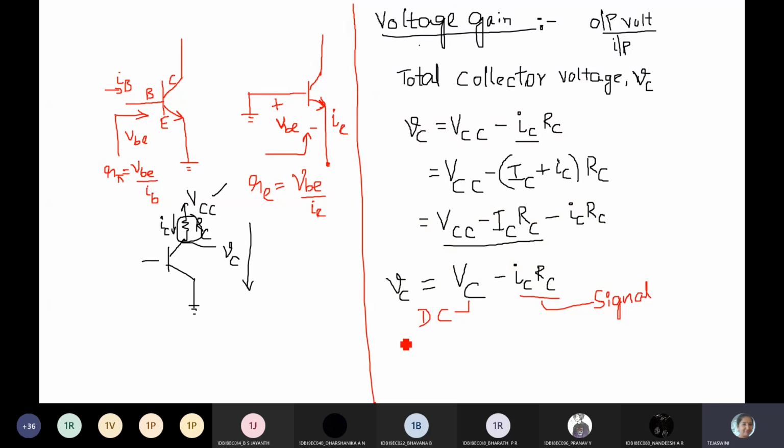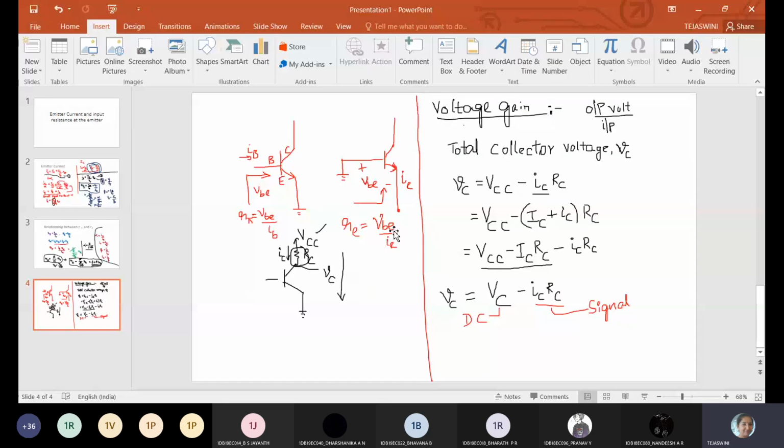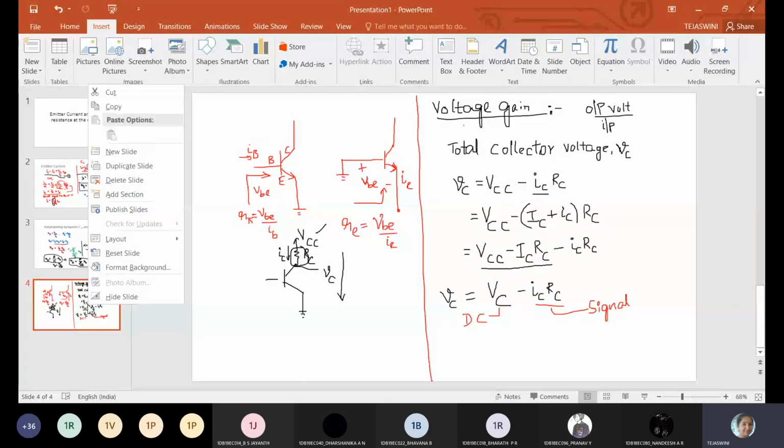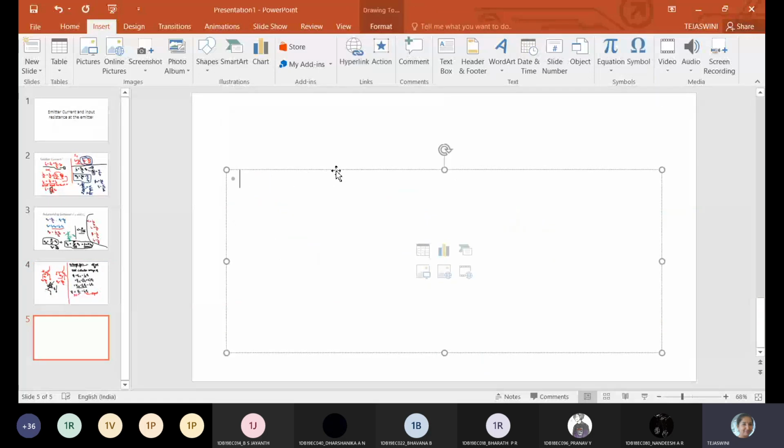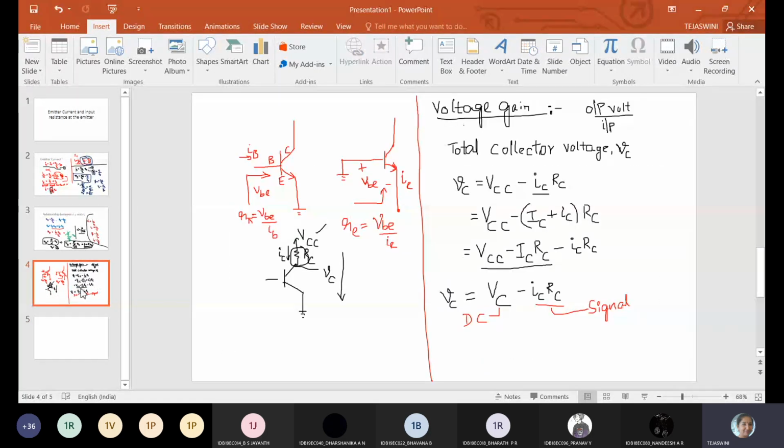So if anybody is copying this, finish copying. Shall I continue? Okay, just a continuation. Tell me the expression for the signal component. Small ICRC, with the polarity also you're supposed to consider.